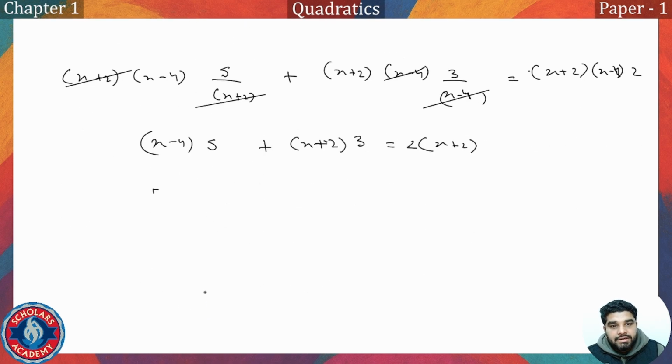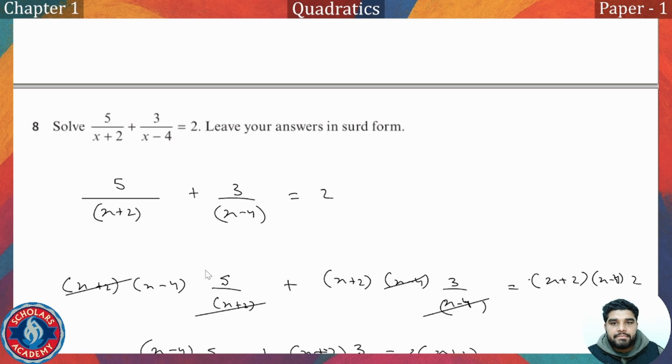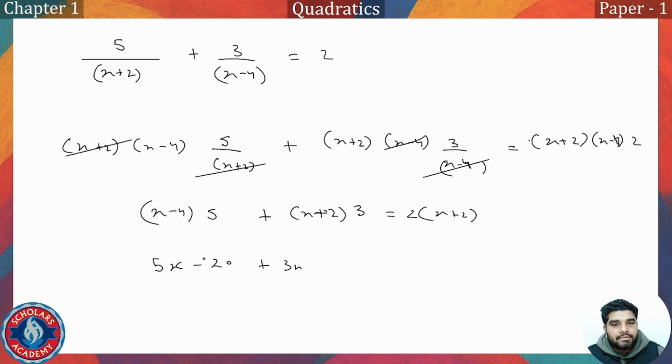We get 5x minus 20 plus 3x plus 6 is equal to, we'll multiply this over here. So 2 times x square minus 4x plus 2x minus 8.